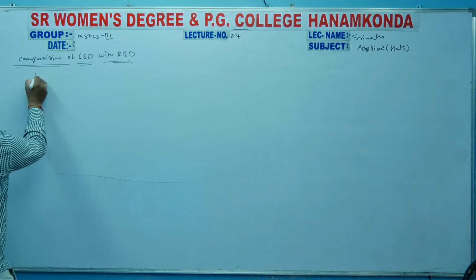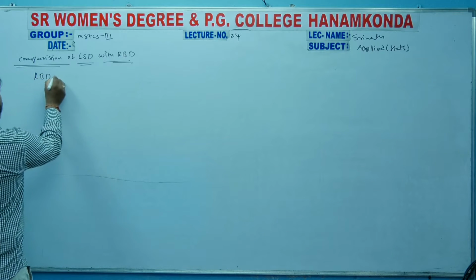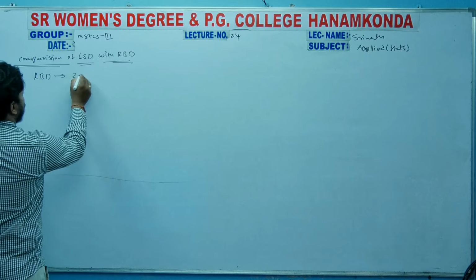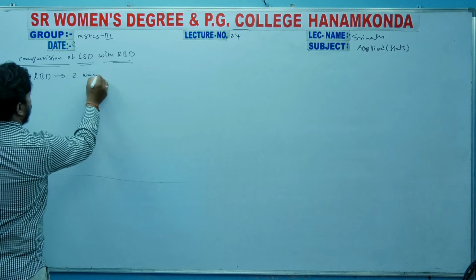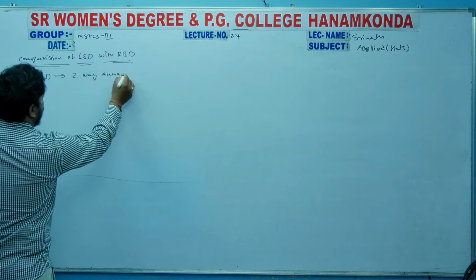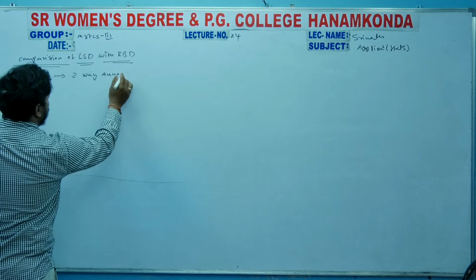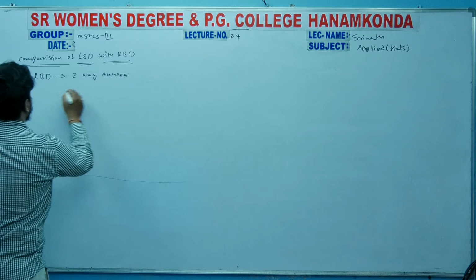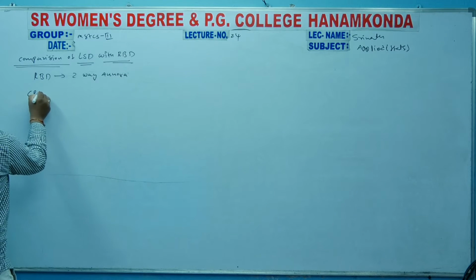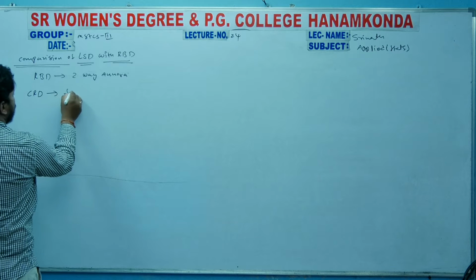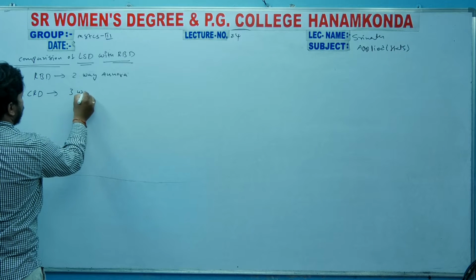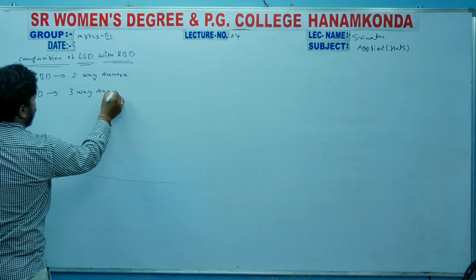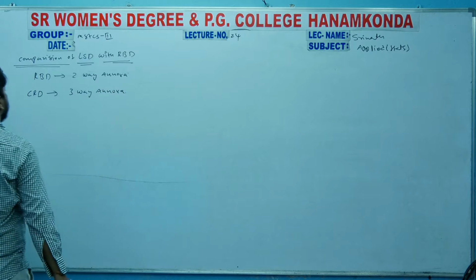Generally, RBD follows the two-way ANOVA, and CRD follows the three-way ANOVA.